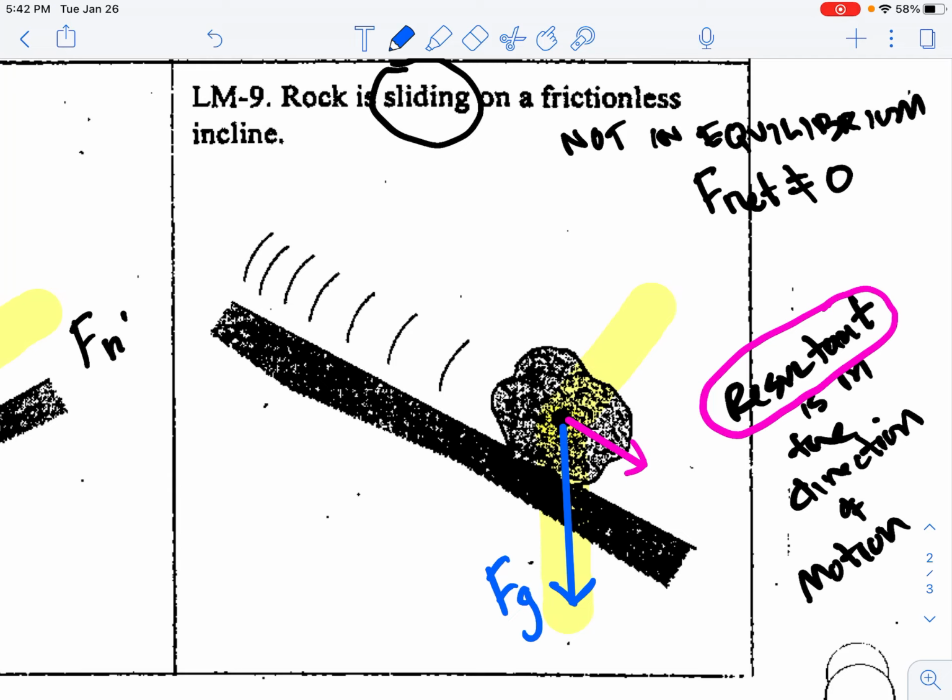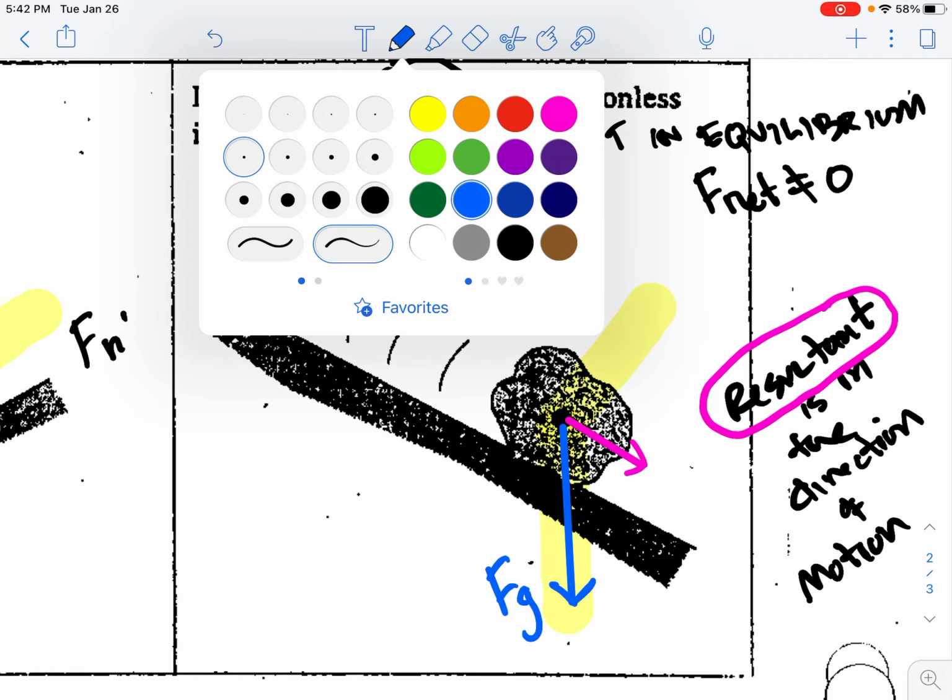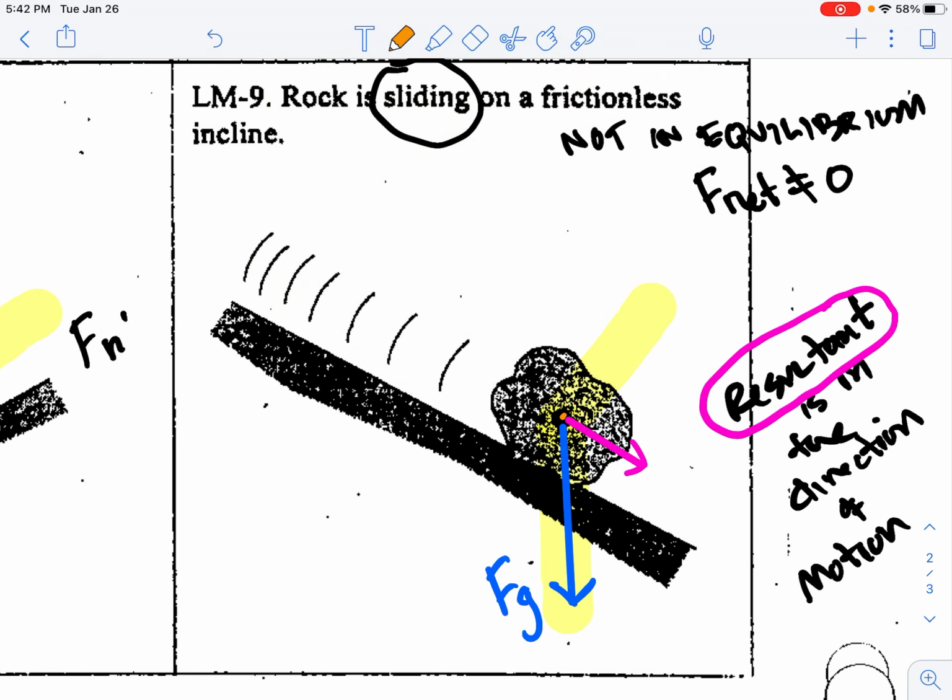And then let's make this one orange. Okay, so we make this one orange like this. And there's the normal force that's acting on this. So here's the force of normal, which is pushing against the bottom of that rock by the shelf.